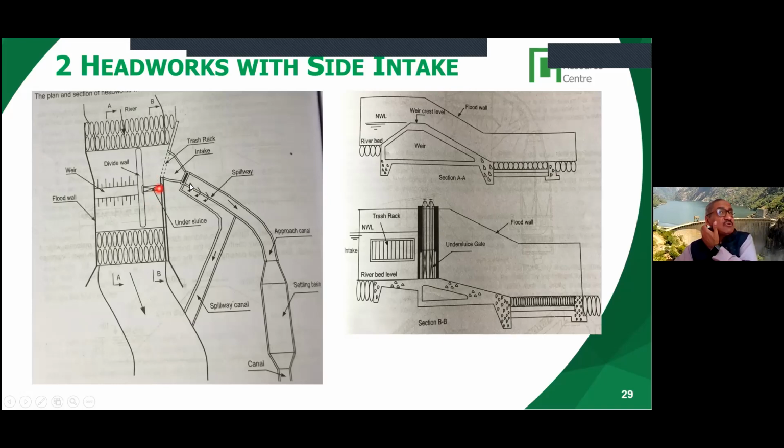It needs to be gated because you want to maintain the water level up to the normal water level. So it has a gate, but you operate the gate so that any sediment, sand, and other gravel, even logs, everything can be flushed down easily. Okay, so this is the purpose of the undersluice.